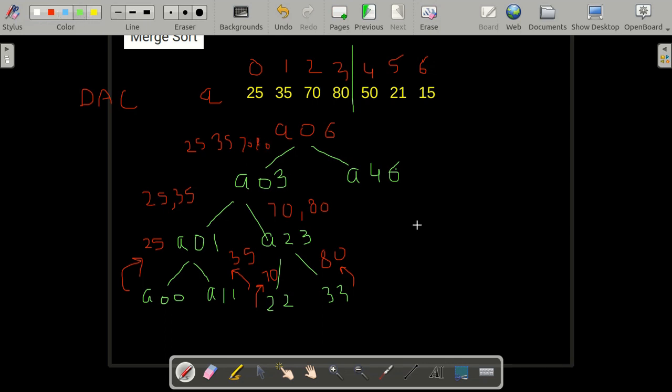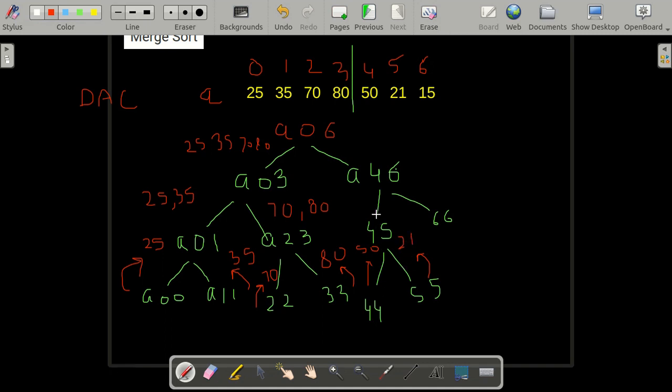Now from 4,6 we'll have a call for 4,5, and from here we'll have a call for 6,6. From here we'll have it for 4,4 and for 5,5. 4,4 will now return element 50, that is it will sort the index position 4, which is already sorted because it is a single element, and from 5,5 we'll get 21.